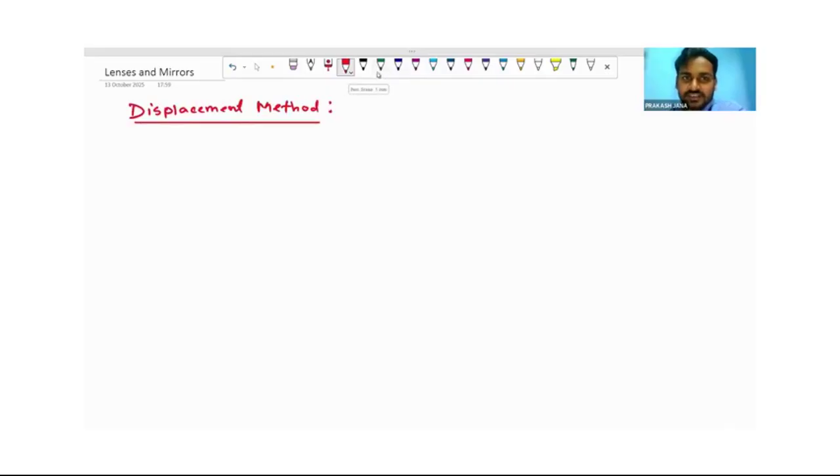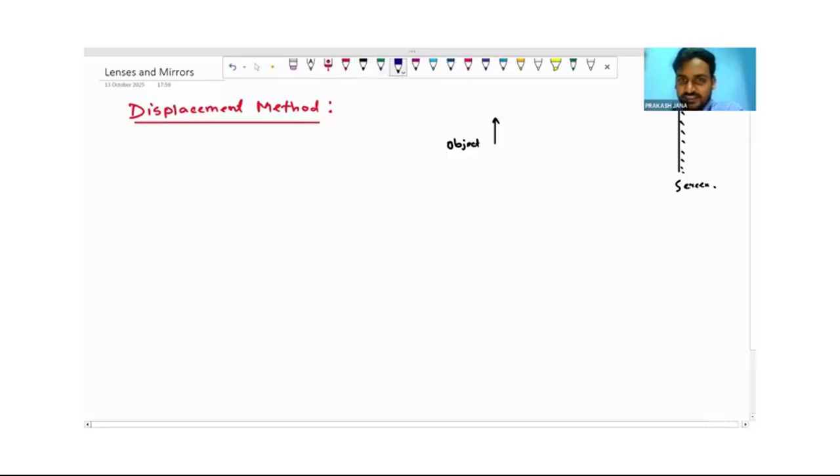Okay, so see, there is an object. Suppose this is the object, and we have a screen here. This is the screen. This is the object and this is the screen.